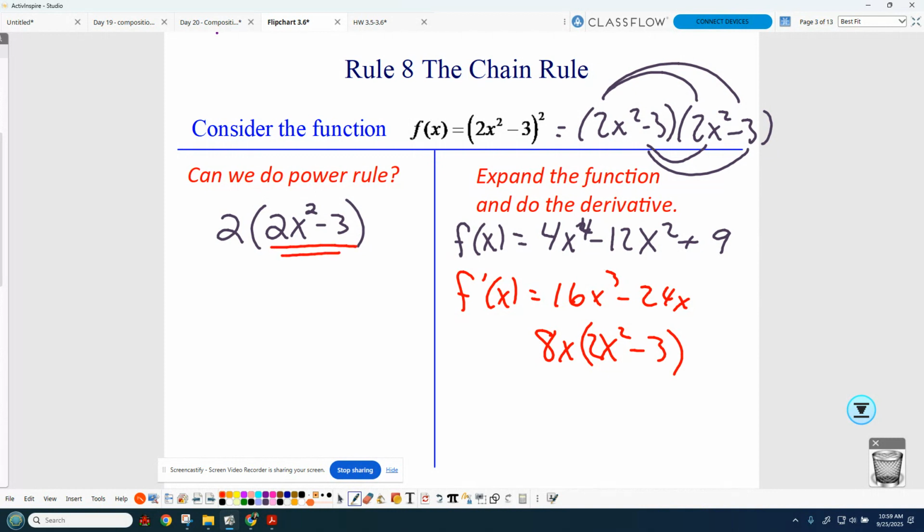So I have this, and I have this. This needs another 4x on it. How and why might we be able to methodically get that? It's like on the inside, if you do the power rule on the inside, you get 4x.